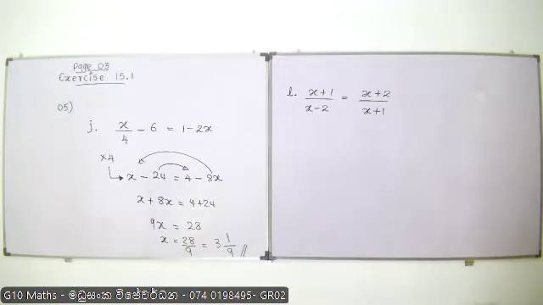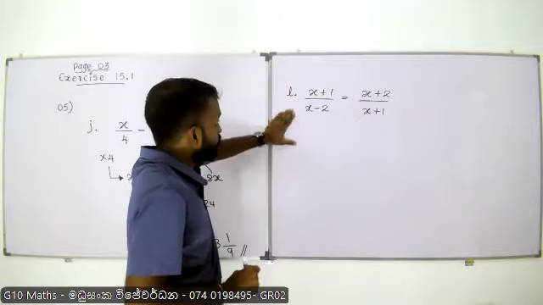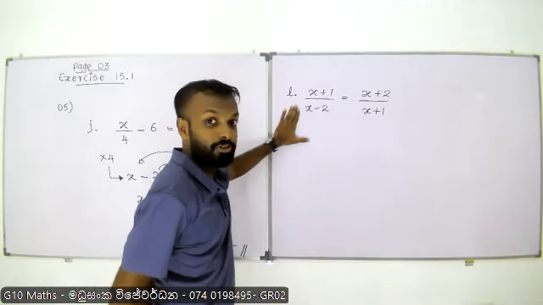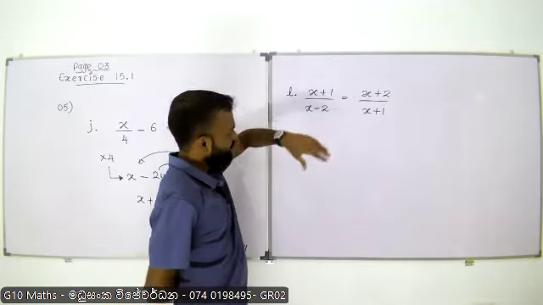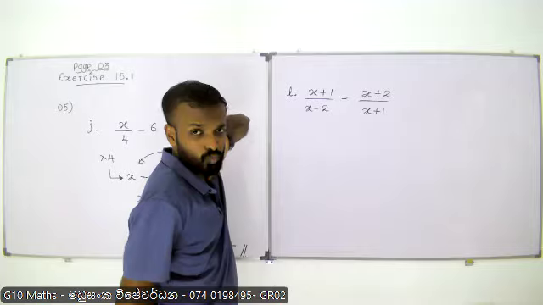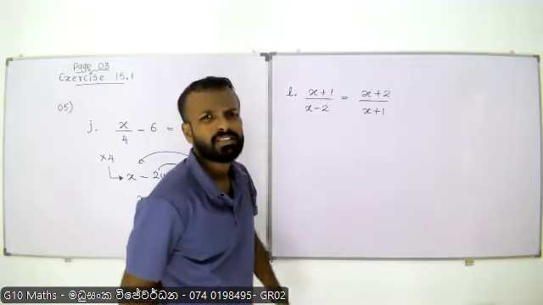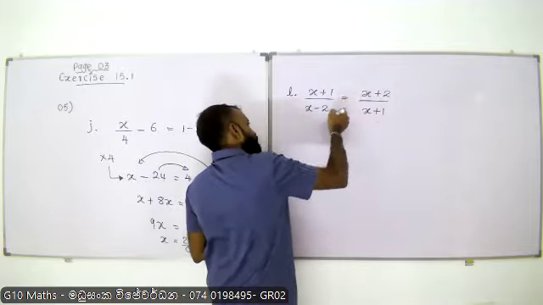However, we need to find the value of x. Let's see how we can do that. By looking at this, two of these are just fractions, so cross multiply. Right?